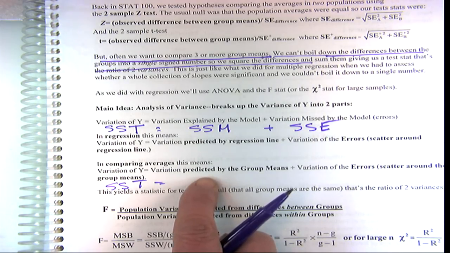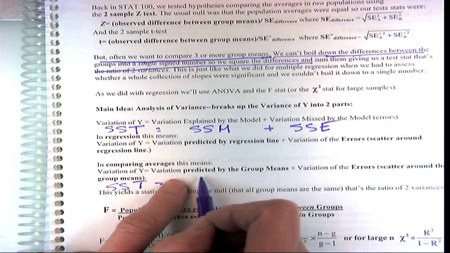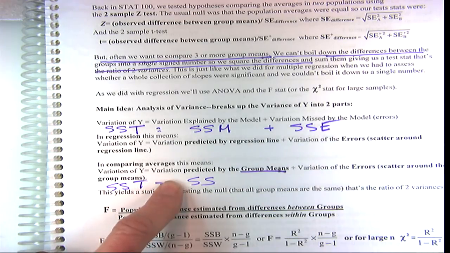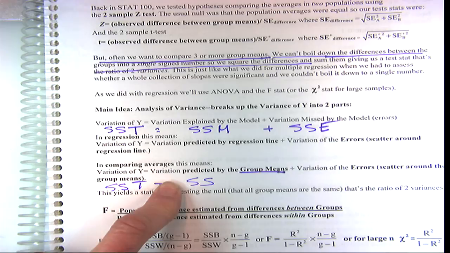But if we have more than two groups, we're going to have a model based on the group means. It's basically like stereotyping, right? If you're a girl, that's all that we think about right now, and our best prediction for you is the average for girls. If you're a boy, our best prediction is the average for boys. If you're some other gender, our best prediction is the average of them.